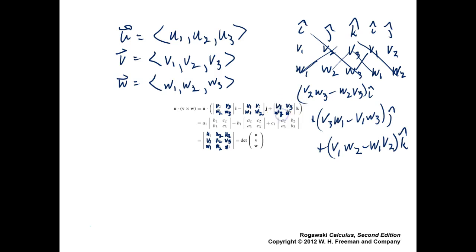V1, V2, and W2, yeah. And then you just have to do that with them all. And this is the I component of U would be U1 times the I component of the cross product would be that one, not this one, but this one. So this is the U1. This is U2, and this is U3.